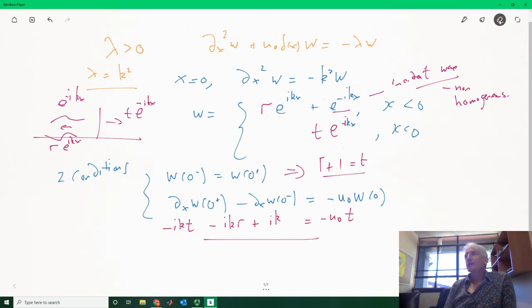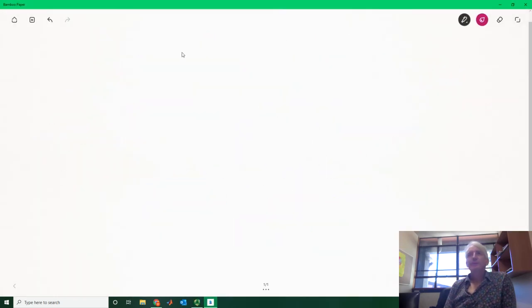Okay, now I'm going to go and solve those equations. Let's write them out again here. Normally I expect I'd say, here's the answer, but I might as well work it out. So we just substitute here that R is t minus 1, t is whichever one we want here.